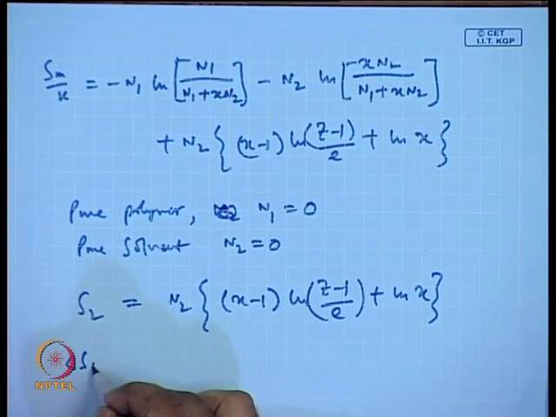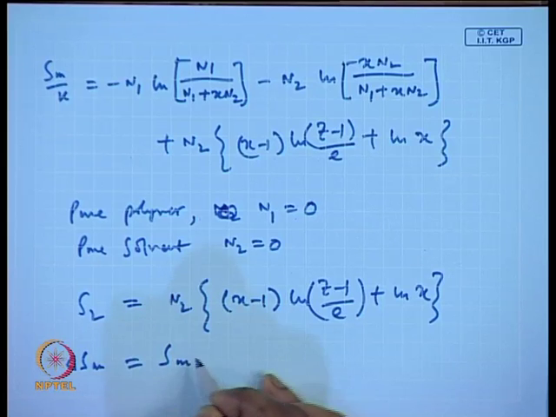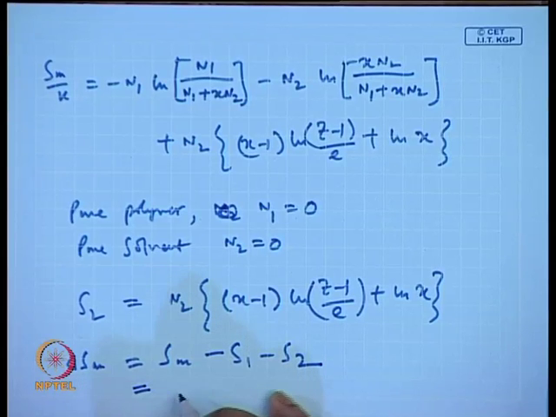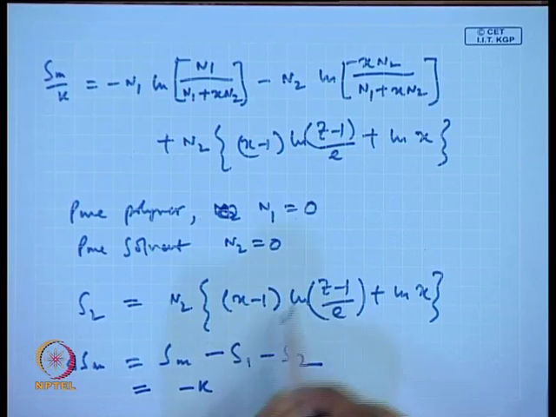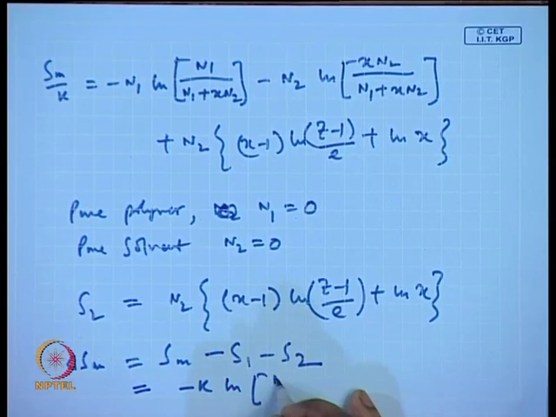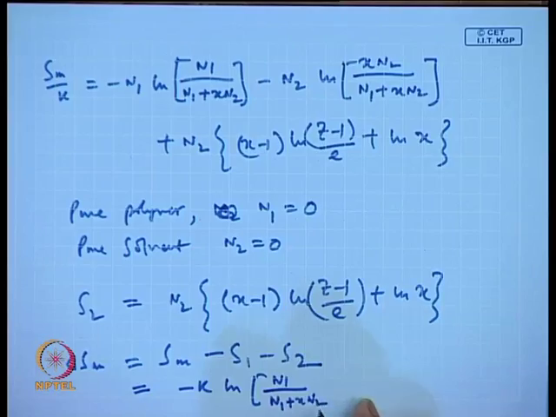So, delta S_m, which is the mixture minus S1 minus S2, would be given by minus k, this is the same term, k ln N1 over (N1 plus x N2).